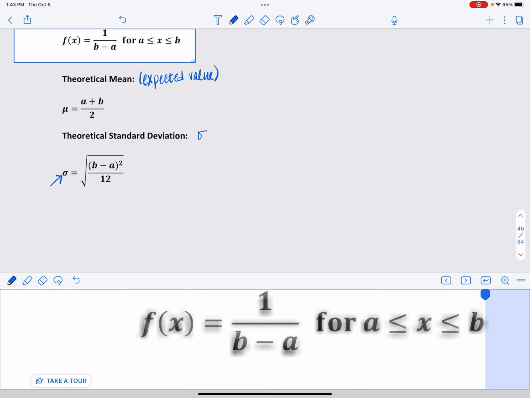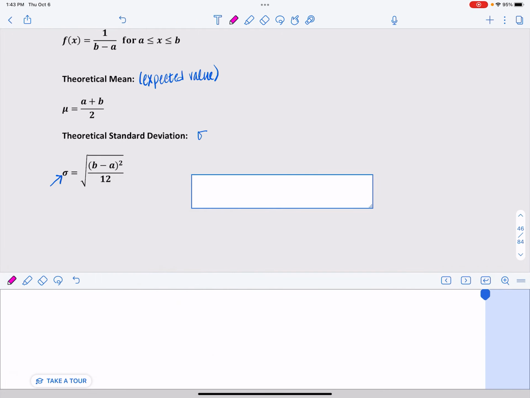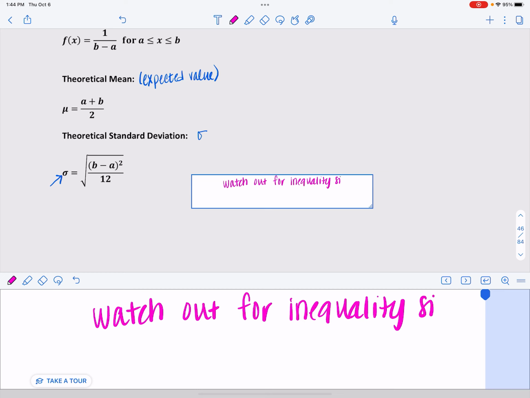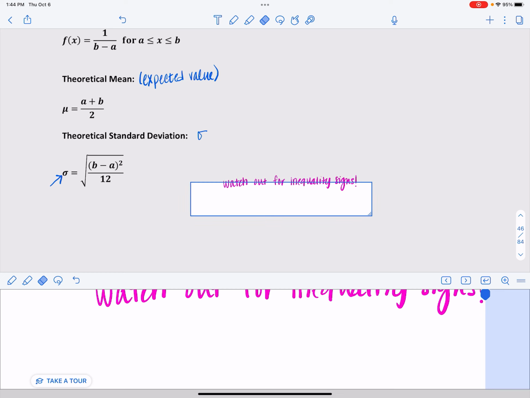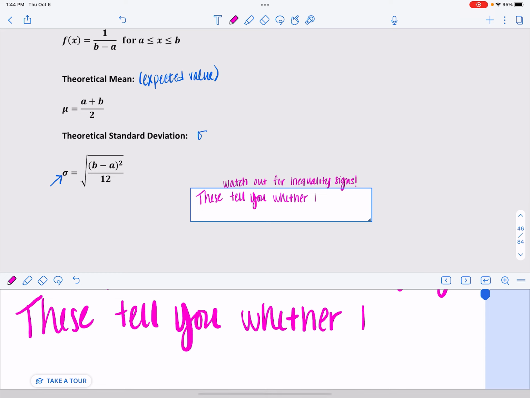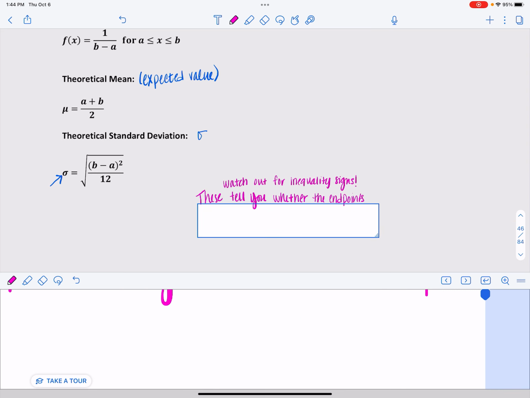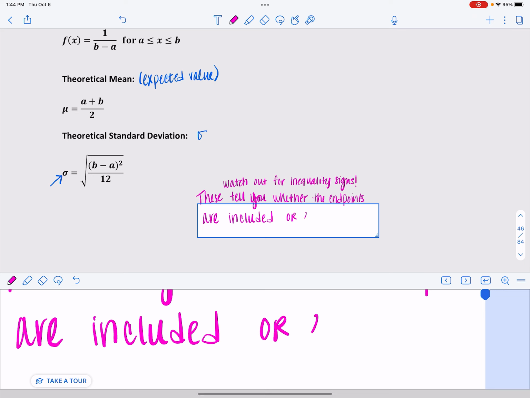Here's what you have to really watch for when you deal with uniform distributions. You have to watch out for your inequality signs. These can make or break you. These are how you know whether your endpoints are included or excluded.